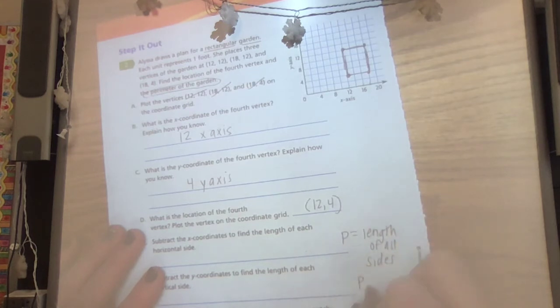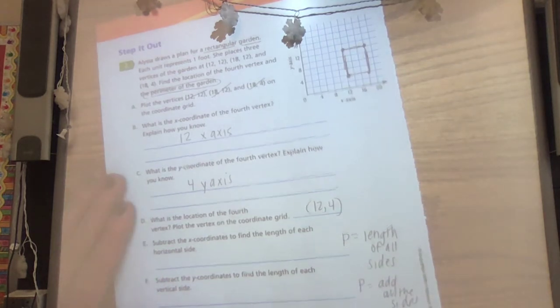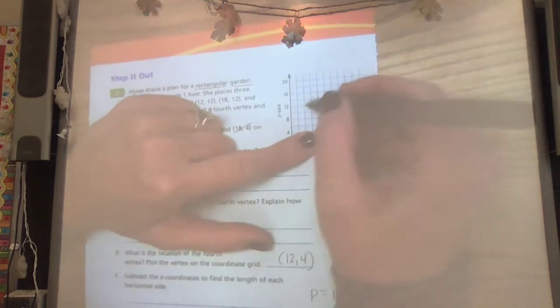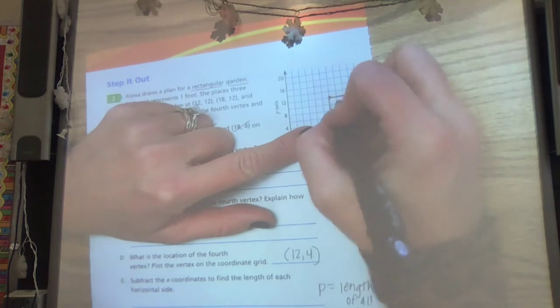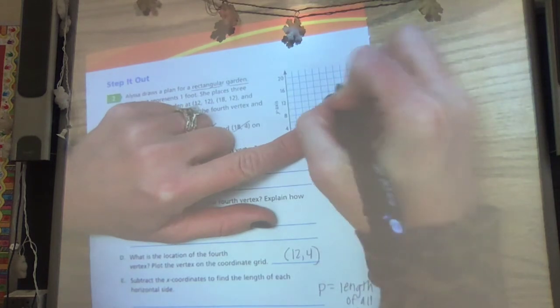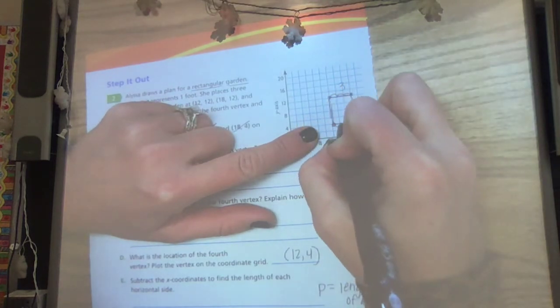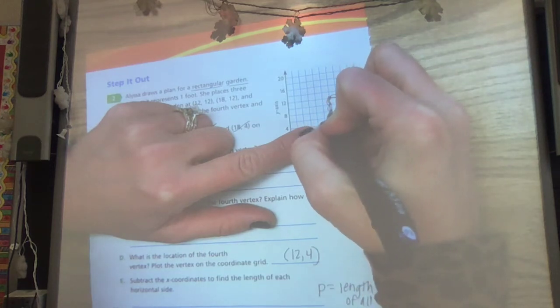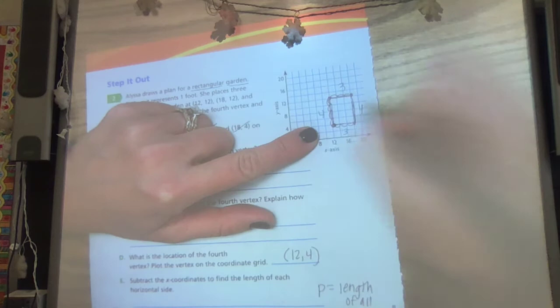So remember, for perimeter, we add all the sides. So it says subtract the x coordinates to find the length of each one, but I really like to just count what we have. So I know that 1, 2, 3 units, and I know that's going to be 3. And I know that this is 1, 2, 3, 4. So I know that side is 4.